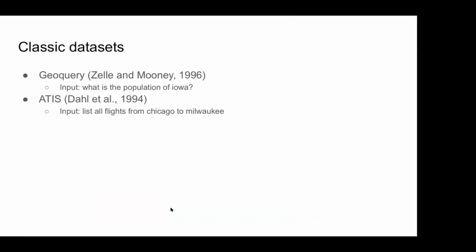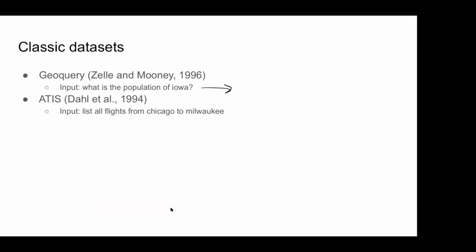Okay, and there are more classic data sets such as Geoquery and ATIS. Geoquery input will be something like what is the population of Iowa, and this also translates into some logical form that is accompanied with a database so that you can know whether the output of your model is correct or not easily.